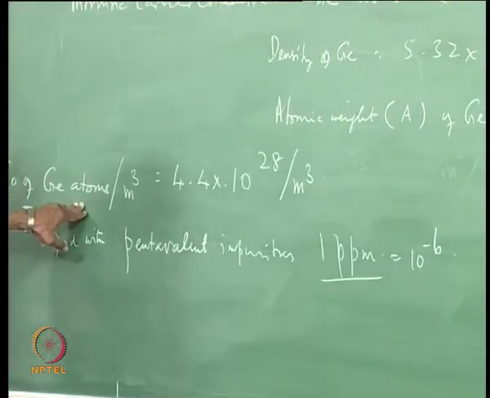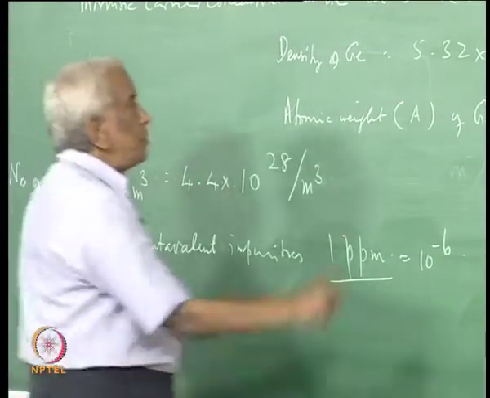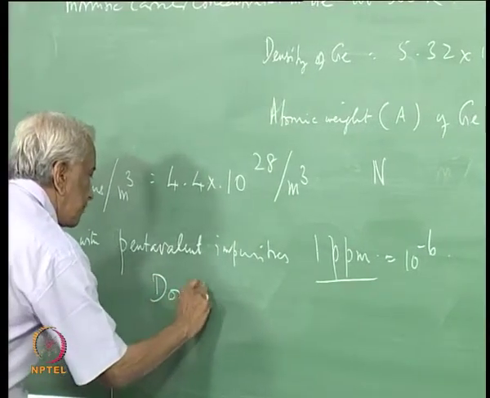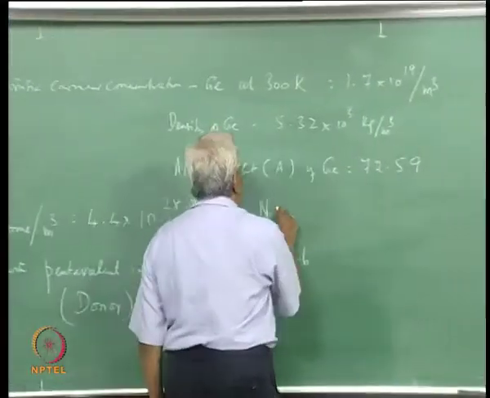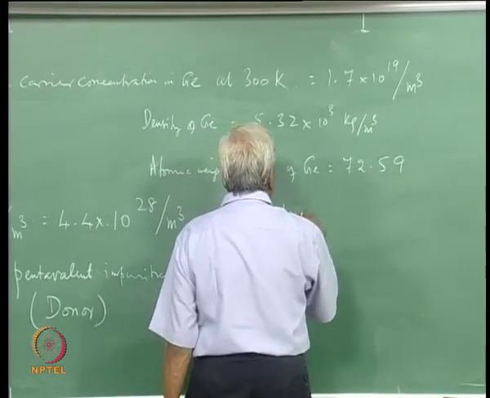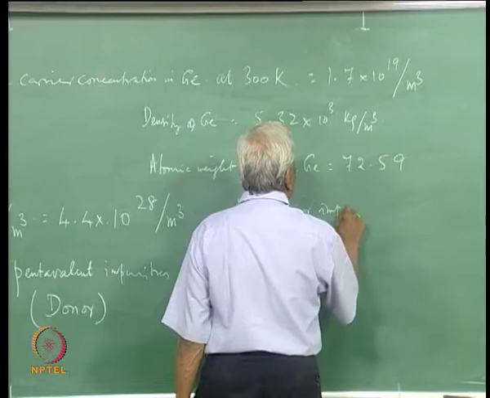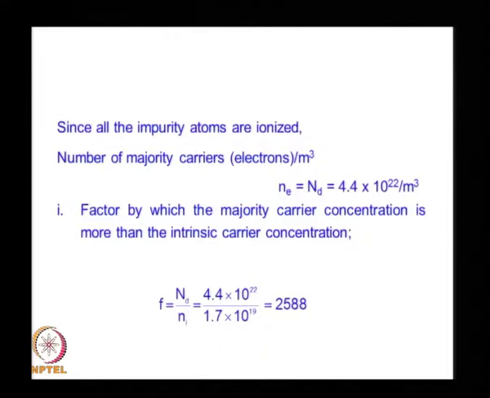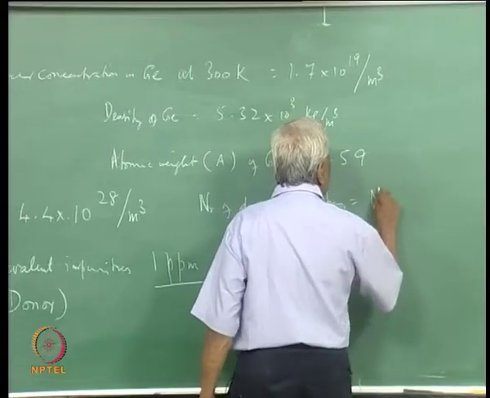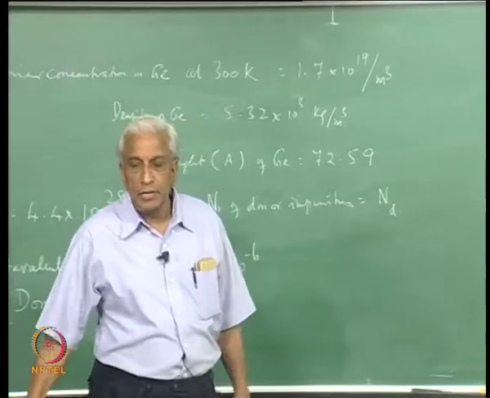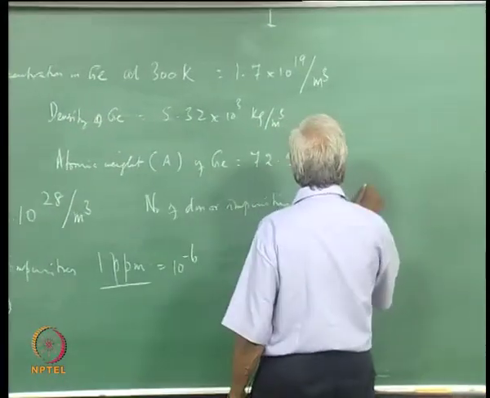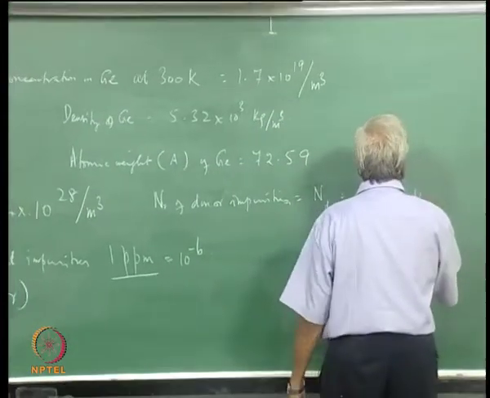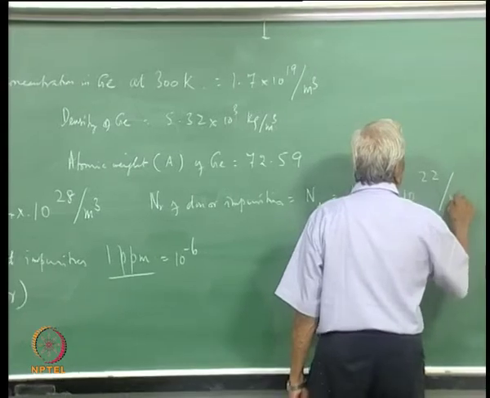So, this is the number of germanium atoms and the number of impurities. These are donor impurities, they donate electrons. The number of donor impurities, standard notation ND, is 4.4 into 10 to the power 28 times 10 to the power minus 6, so 10 to the power 22 per meter cube.